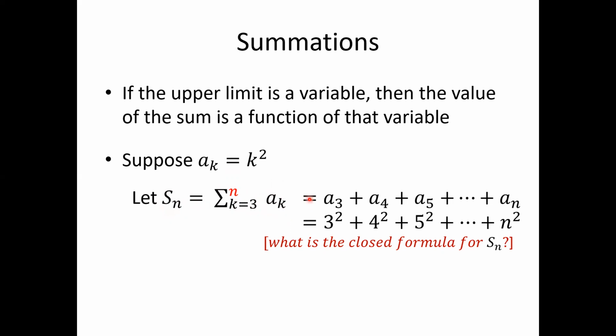So it's these kinds of sums, and therefore, because this is the closed formula for a_k, it's a sum of squares from 3 to n. And there is some closed formula that expresses that number. We can express this as a closed formula.